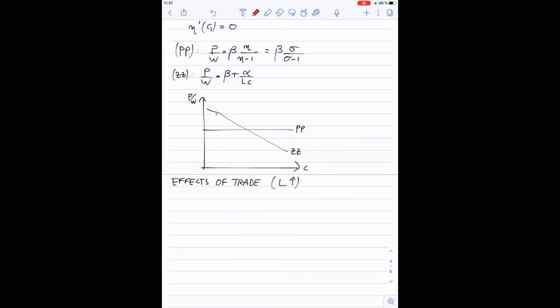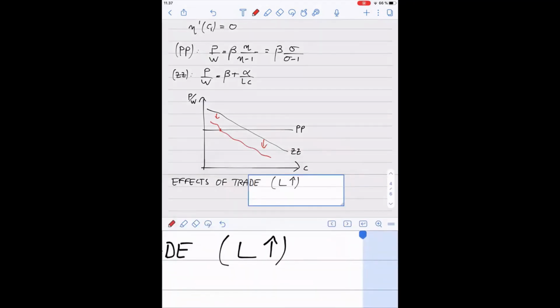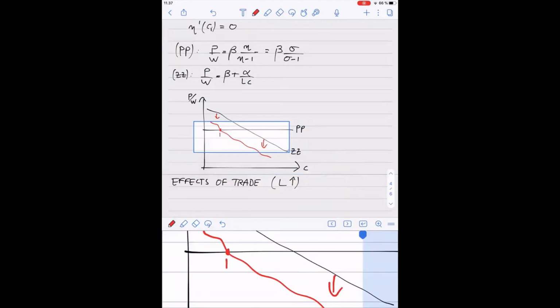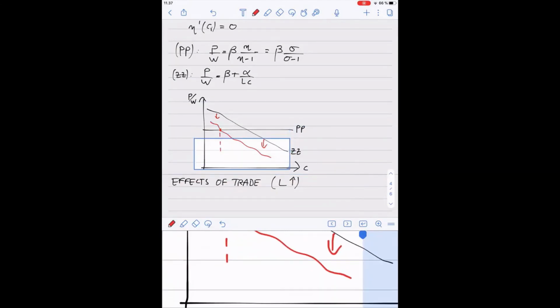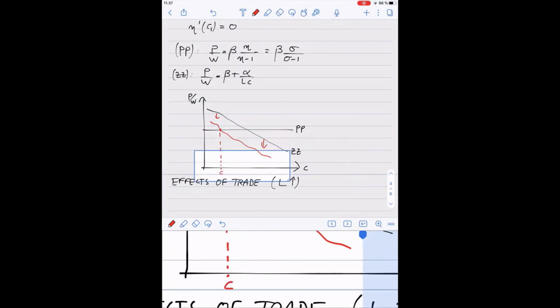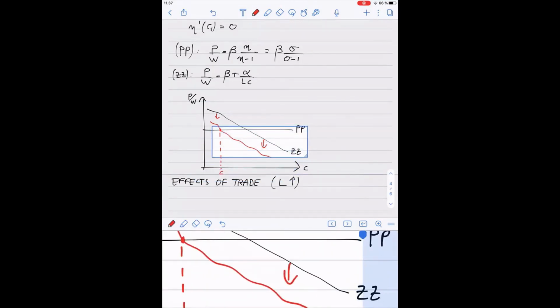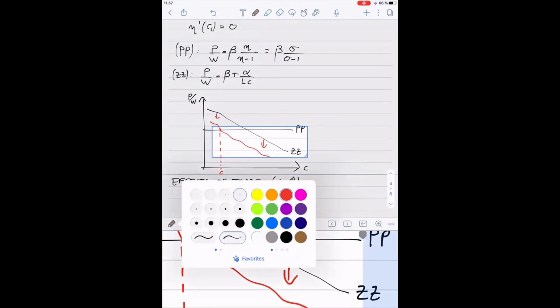So we get a new equilibrium where consumption for each variety declines relative to before, but the price remains constant.